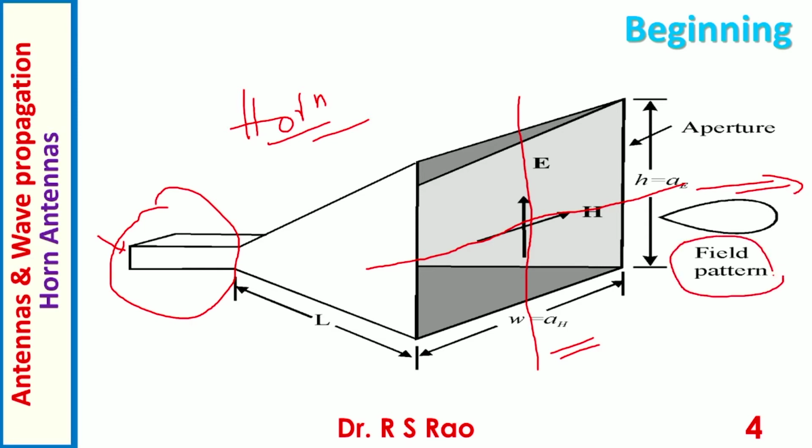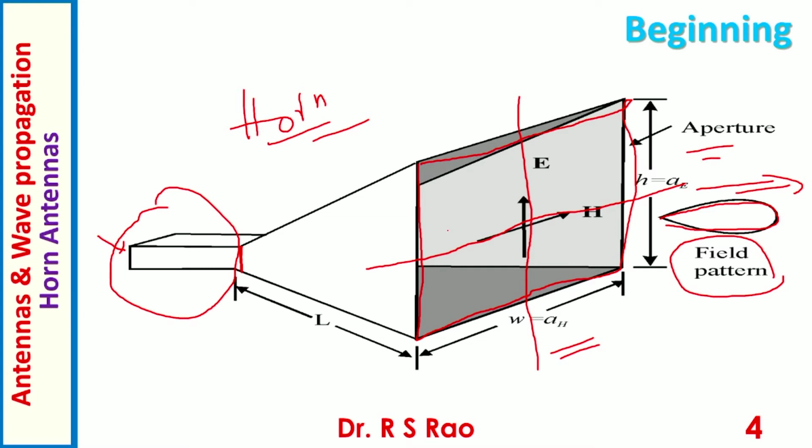Field pattern is shown here. It's a beam. Here is throat. So one end is throat, another end is aperture. This is the surface, imaginary surface, which is bounded by the edges of the horn. This surface is aperture.